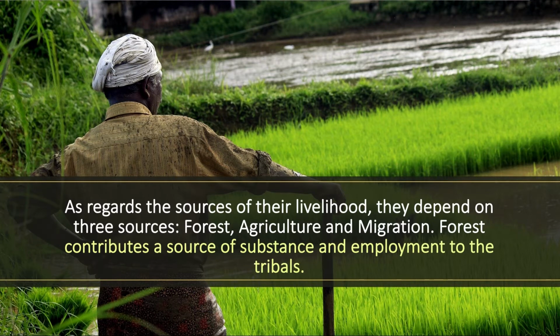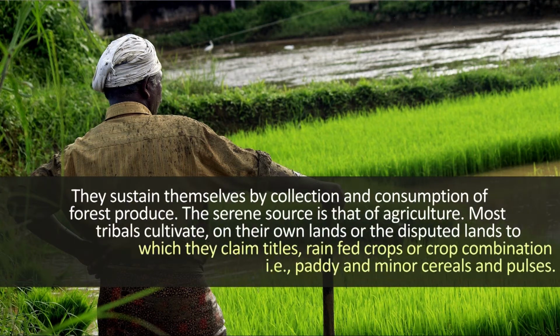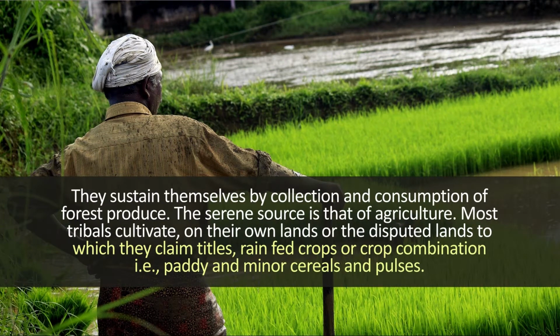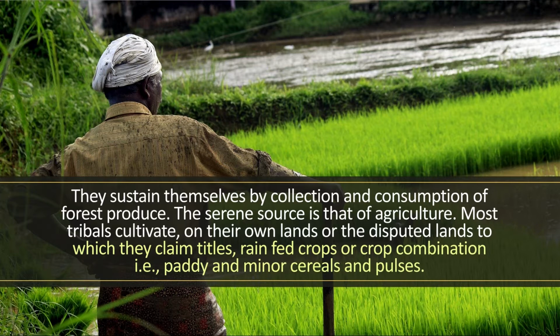Forest contributes a source of subsistence and employment to the tribals. They sustain themselves by collection and consumption of forest produce. The second source is that of agriculture. Most tribals cultivate on their own lands or the disputed lands to which they claim titles, rain-fed crops or crop combinations, that is paddy, minor cereals and pulses.